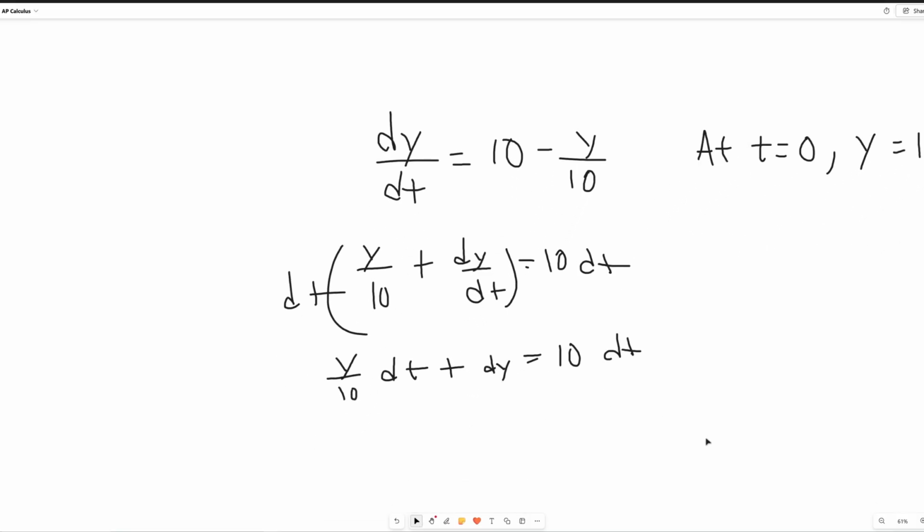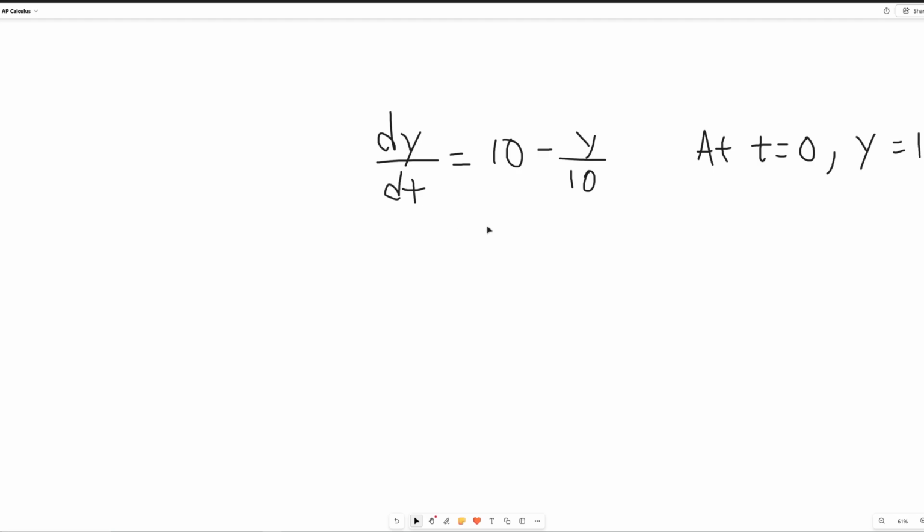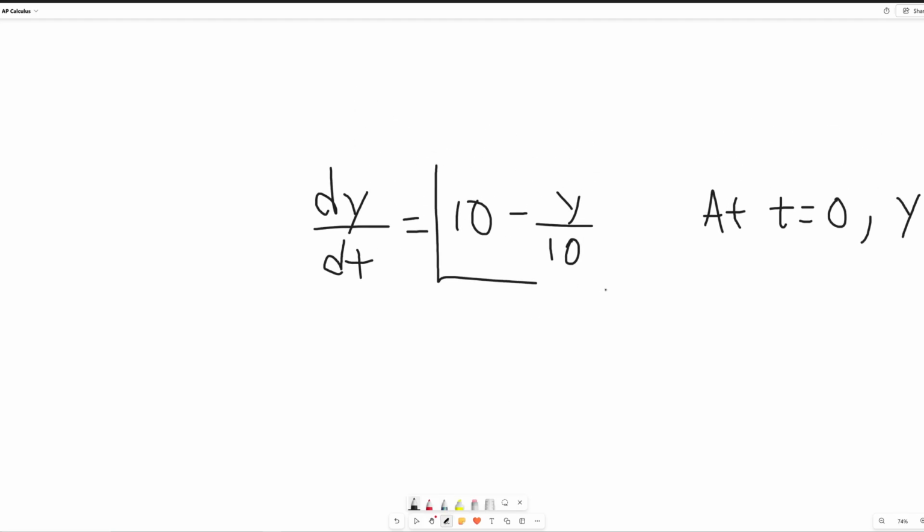You can't integrate this. So first step, you will have to separate this into a distinct constant and a distinct y. So we have to multiply this whole thing by 10, essentially, or you're factoring out a 10.